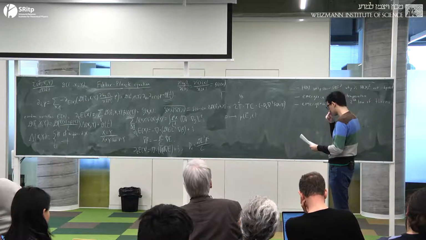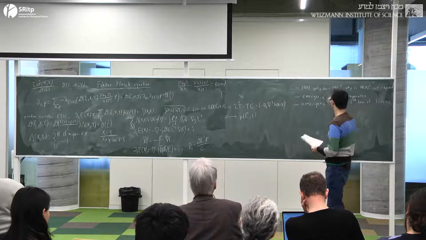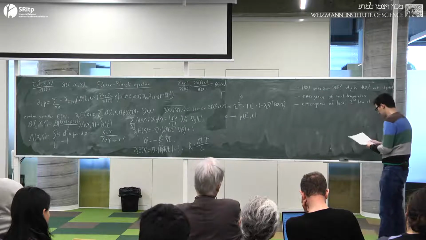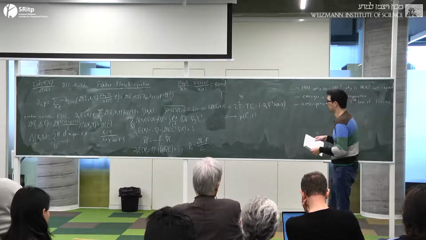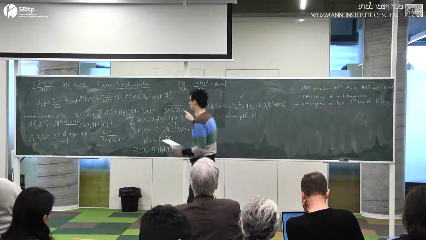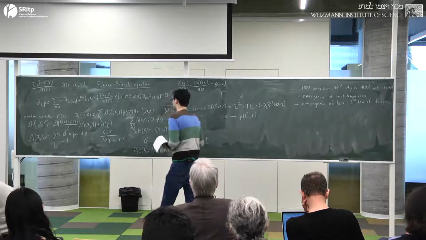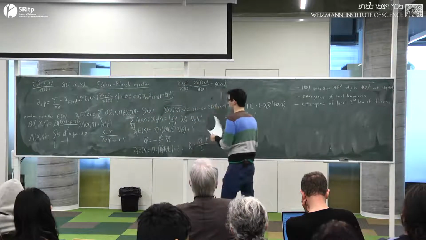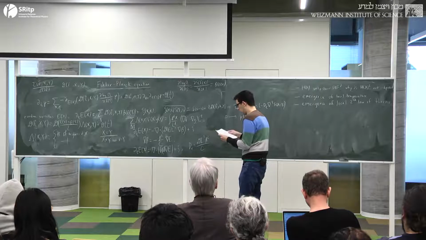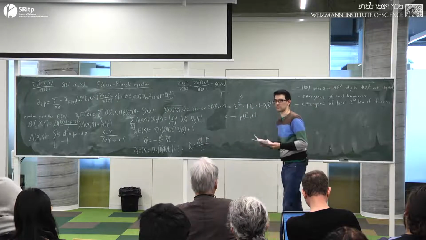Okay. But we'll start with this question. The first thing that will be helpful to do is to go back to this equation here and ask, can we classify in an easy way all of the steady states in our system?